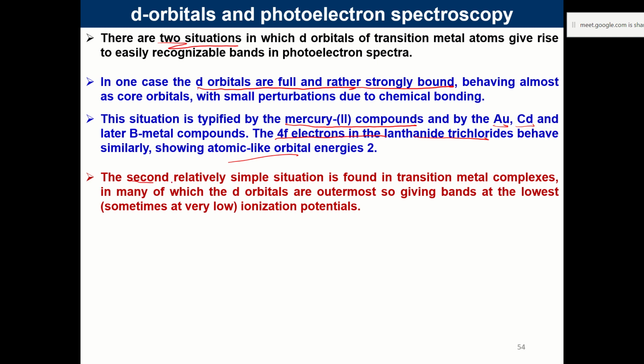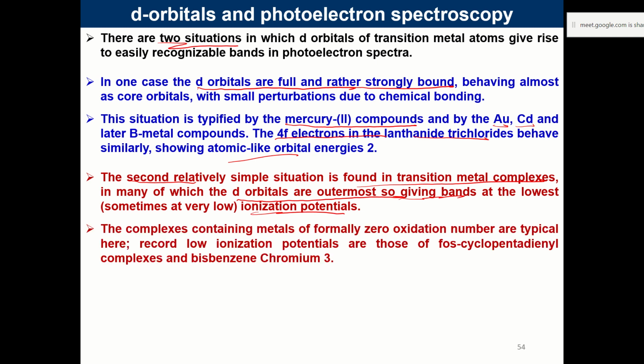Second situation, in transition metal complexes when the d orbitals are outermost, they give out bands at lowest ionization potentials, sometimes at very low potentials.